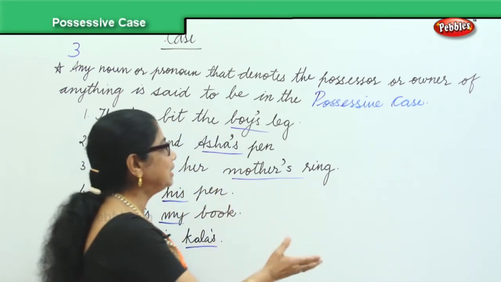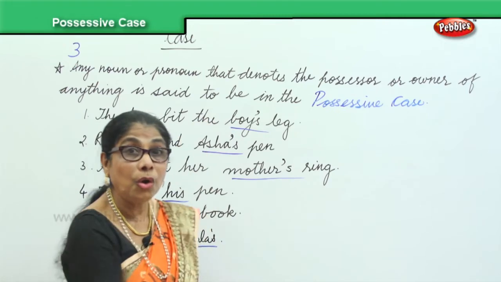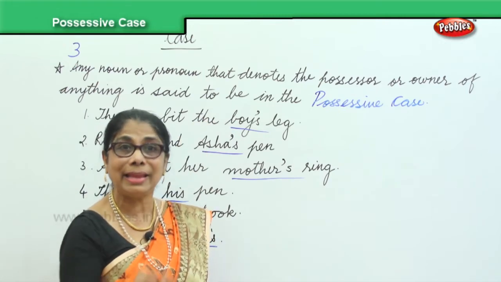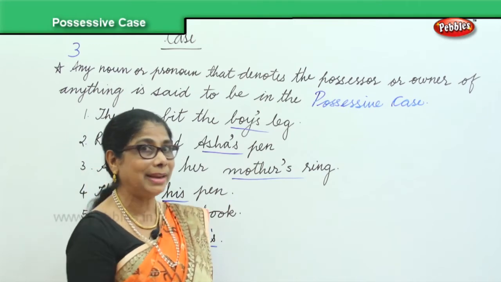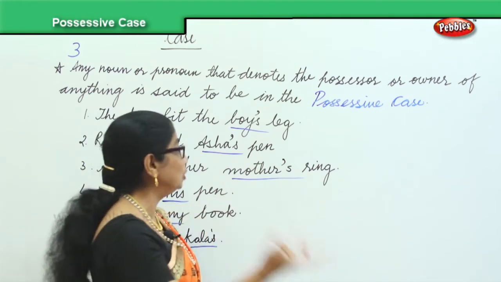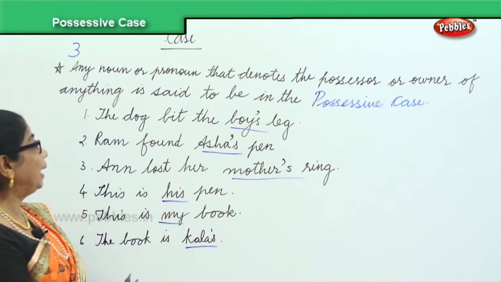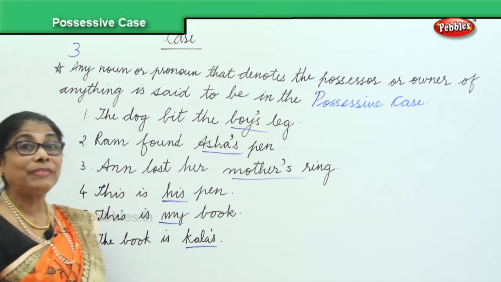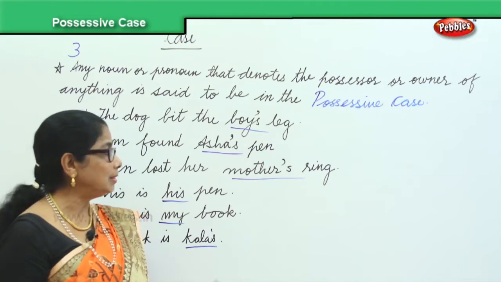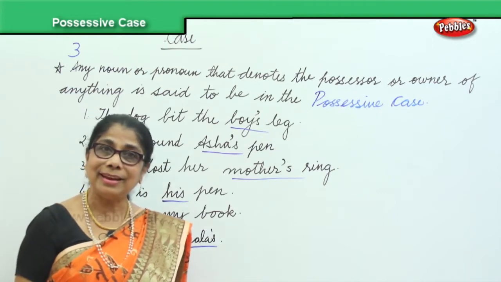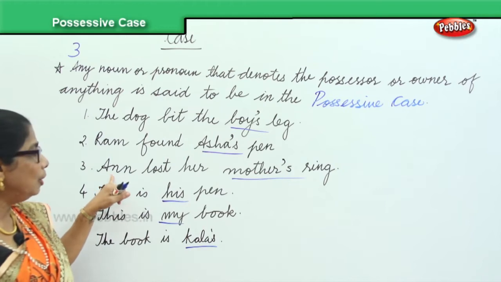So, in the possessive case, the dog bites somebody's leg. Whose leg? The boy's leg. Dog bit boy's leg. Whose pen did Ram find? Ram found Asha's pen. Belongs to Asha. Whose ring did Anne lose?